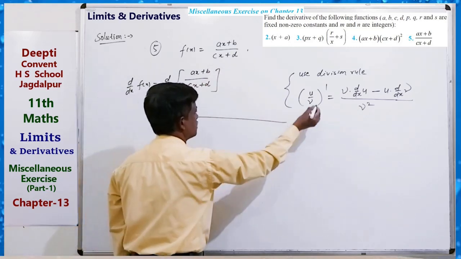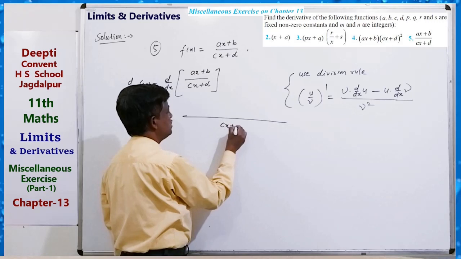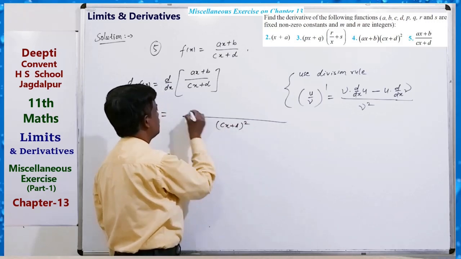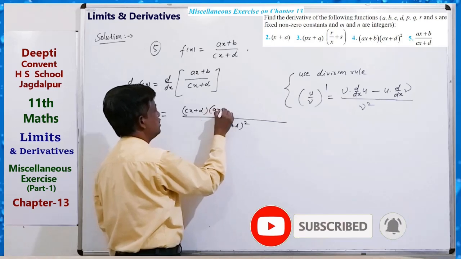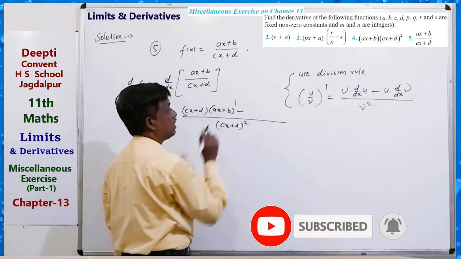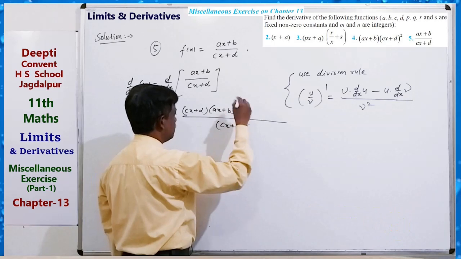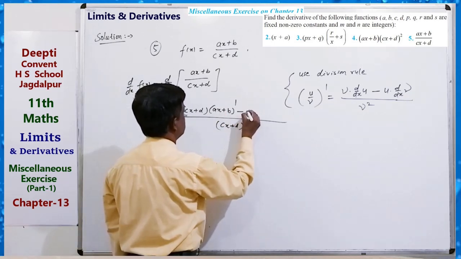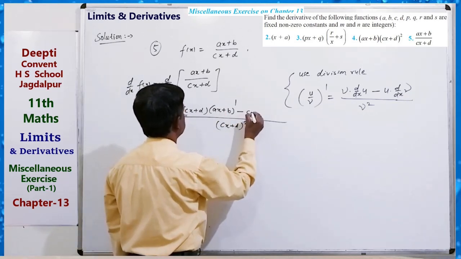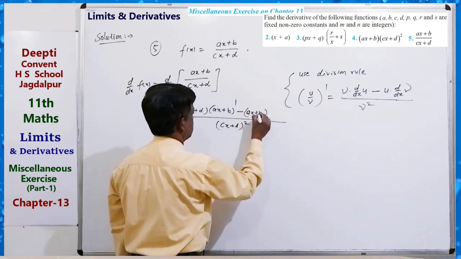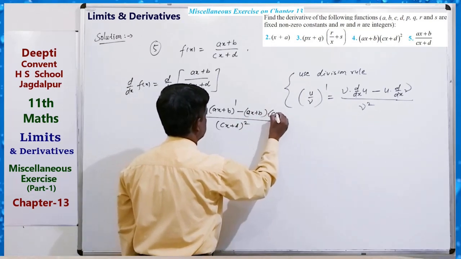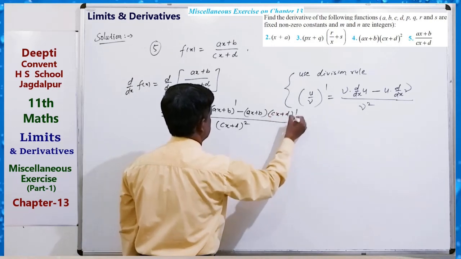So just use this: (cx + d) square, here (cx + d) into (ax + b) dash, minus sign, and in reverse order, what? (ax + b) into (cx + d) dash.